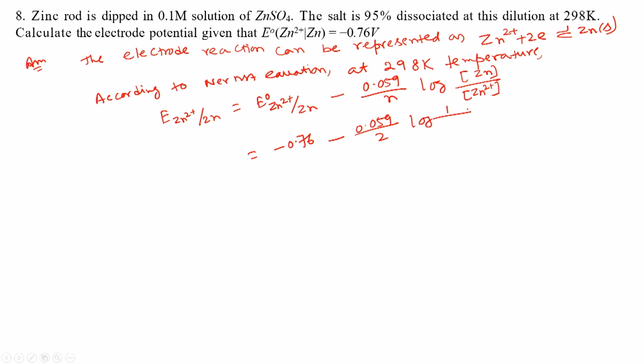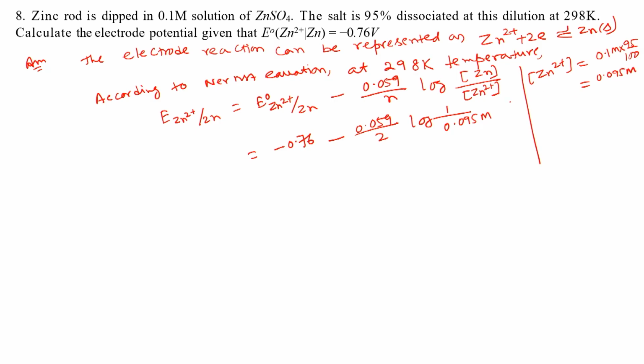So, 1 by, now 95% dissociated. So, the concentration of Zn2 plus is the molar concentration of the solution times 95% dissociated, so we get 0.095 molar.